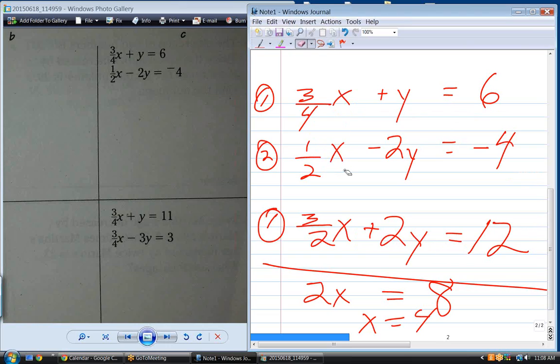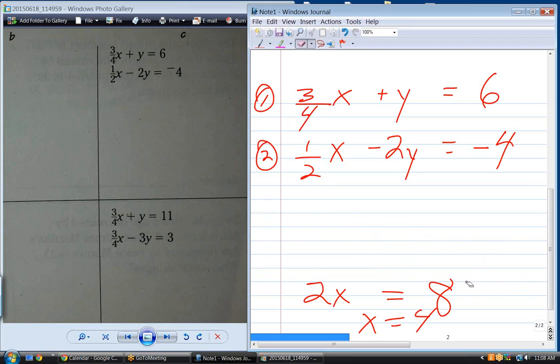Remember, x is equal to 4. Which one would you choose? The first one. Yeah, notice y. And I don't mean the letter y. I mean, when I substitute x for 4, this operation is going to be very nice, right? What is that going to be? What's 3/4 times 4?